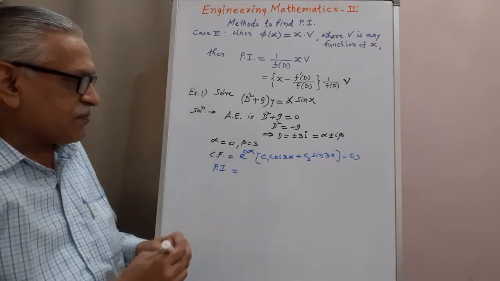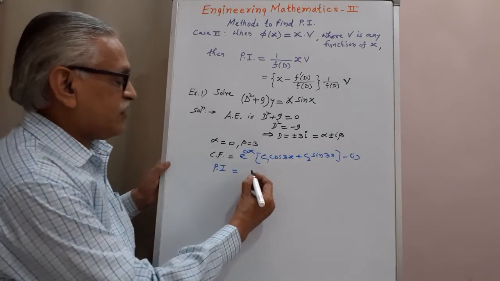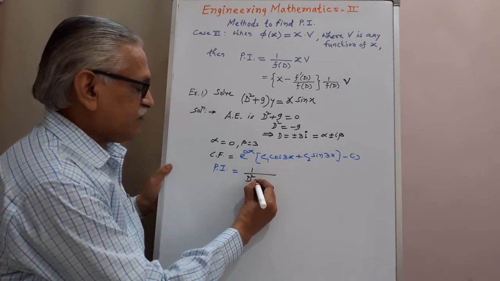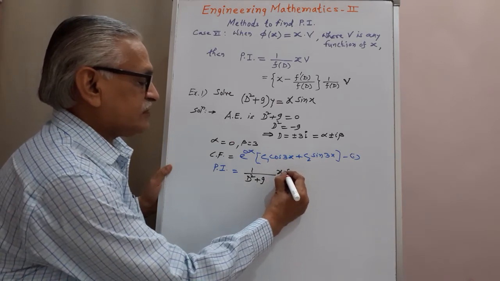is given or obtained by the inverse operator technique. It is 1 upon f of D, that is D square plus 9, which we have to operate on x sin x.